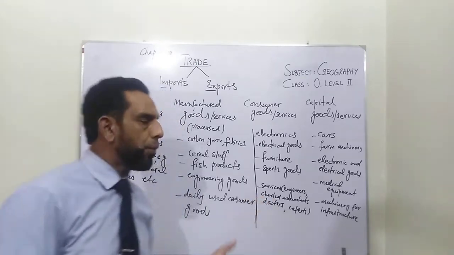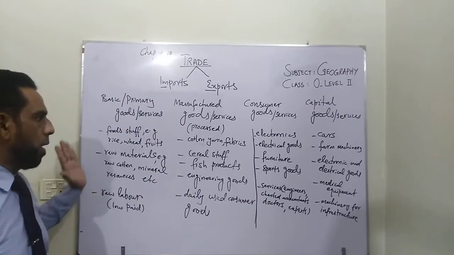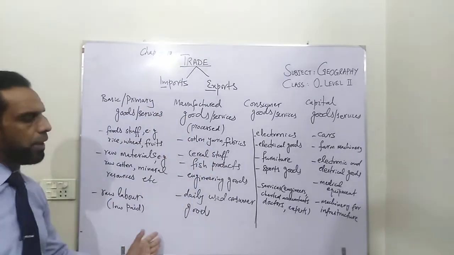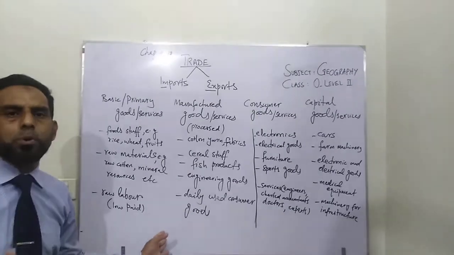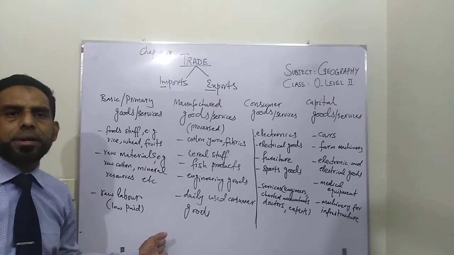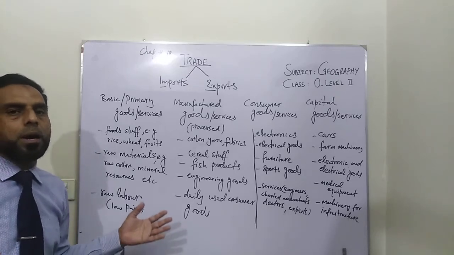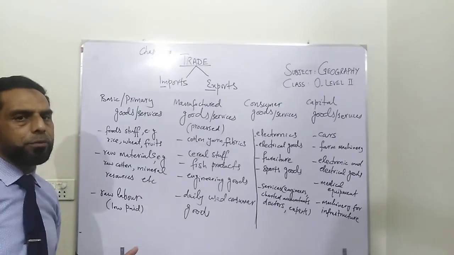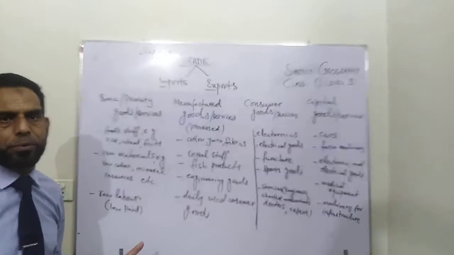If we change these primary goods to manufactured or consumer goods, we'll be better off to earn more and more from there. So better foreign exchange will be there, better GNP and GDP can be there, and we will be able to provide better job opportunities for the people here.